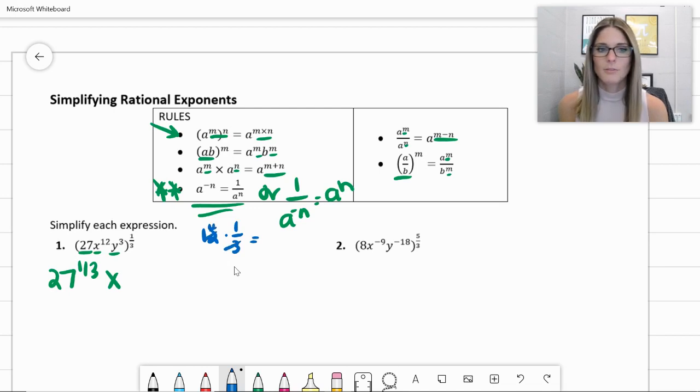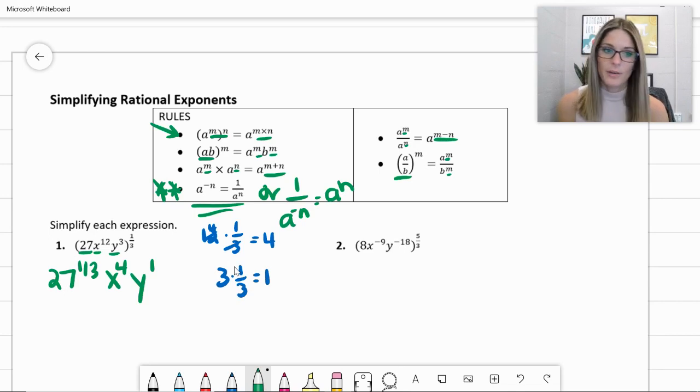You can cross simplify there, and we get 4. X to the 4th, y to the third, and then we're also raising it to 1/3. So what is 3 times 1/3? 1. So y to the first. All right, keep going.